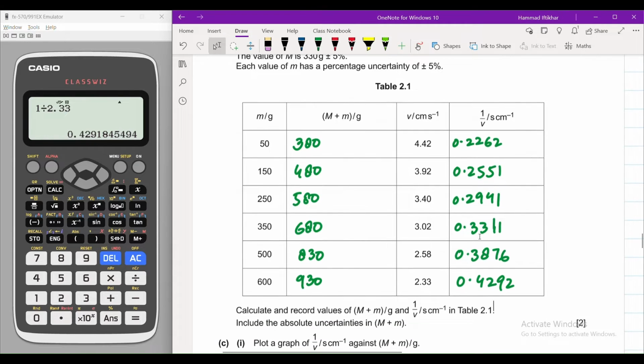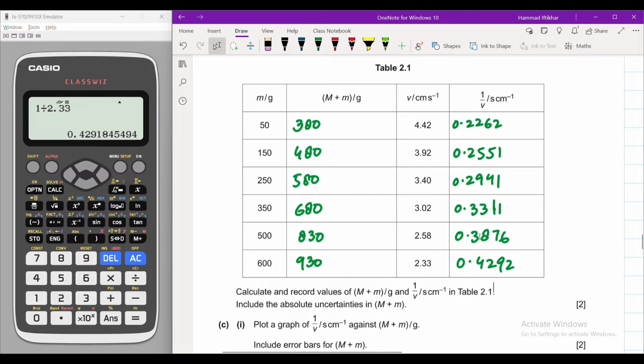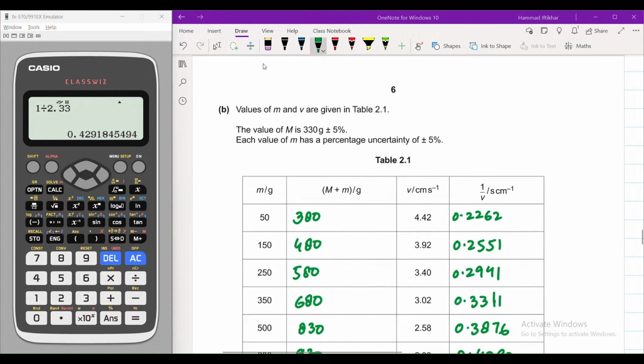Now, coming to the absolute uncertainties for M plus m, notice that we don't need the percentage uncertainties, we need the absolute uncertainties.